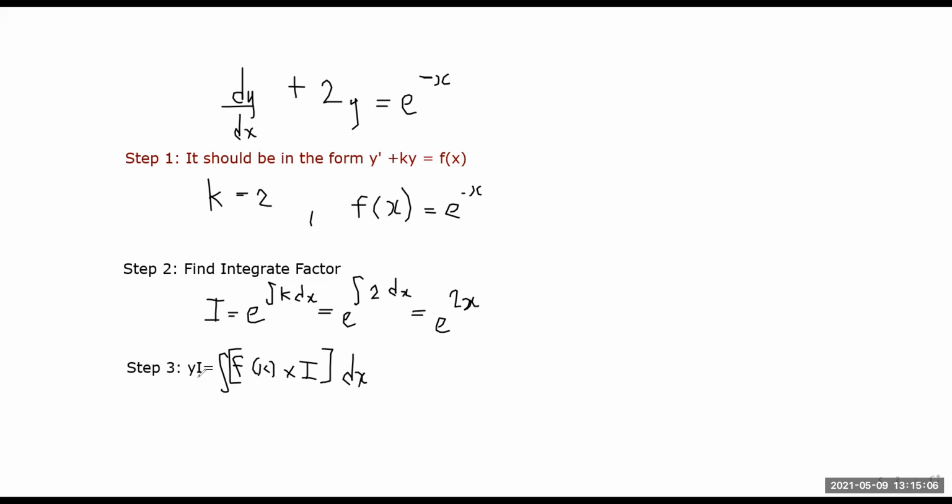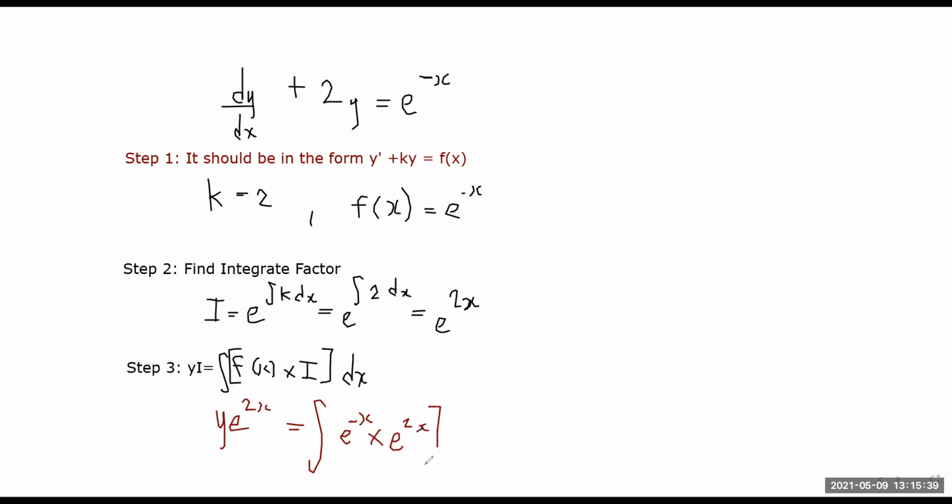And so now y times our integrating factor is y times e to the 2x. That's going to be equal to the integral of f of x, which is e to the minus x, multiplied by your integrating factor of e to the 2x.